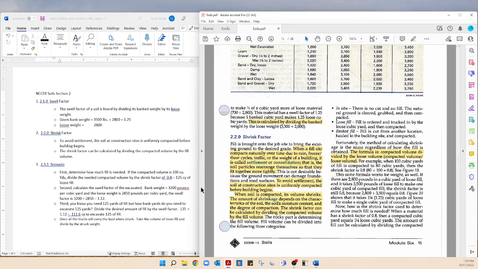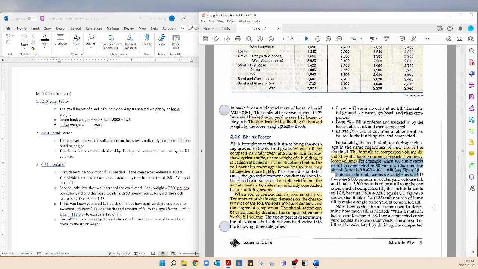Where am I? The shrink factor, as I have noted in my notes, can be calculated by dividing the compacted volume by the fill volume. Now let's go back to the book. Right here, for example, when 100 cubic yards of fill is compacted to 80, if you know it's going to be compacted to 80 cubic yards, then the shrink factor is 0.8.